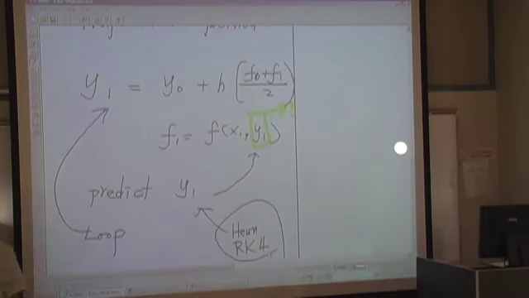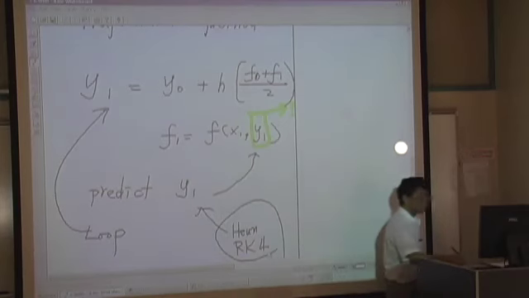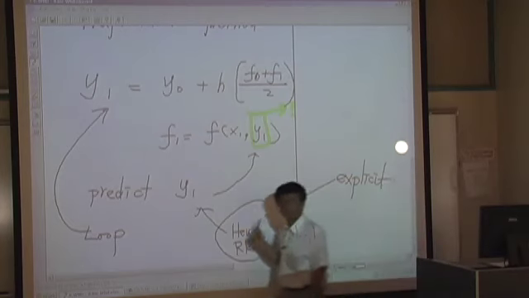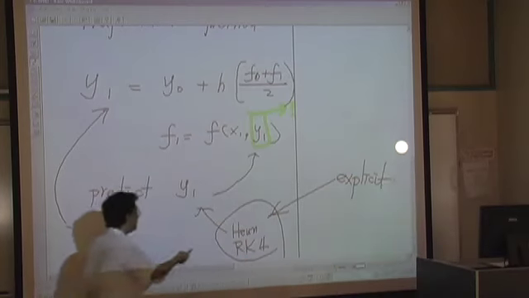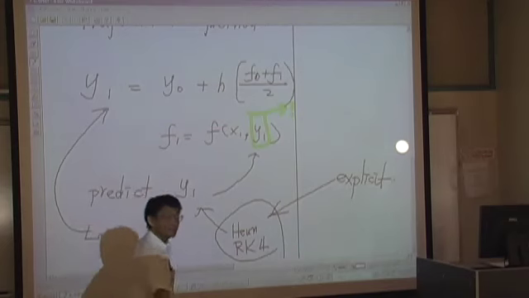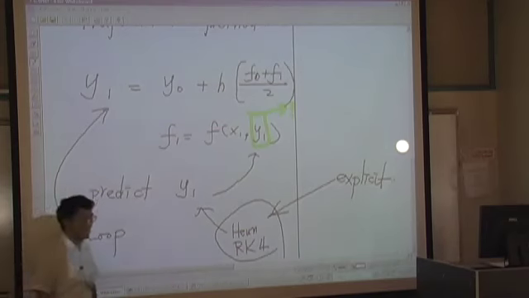To predict, you should use an explicit method, such as Heun or RK4. After predicting it, it is nothing but just looping it to better the result, right? To correct the result. Do you follow me? So this is the possible improvement. It's called the trapezoidal method.